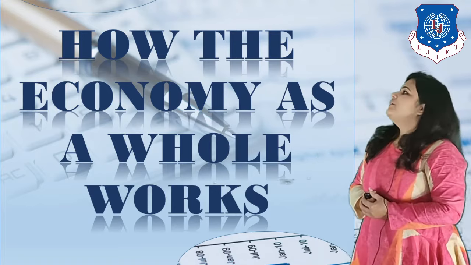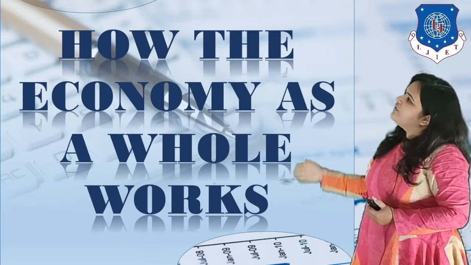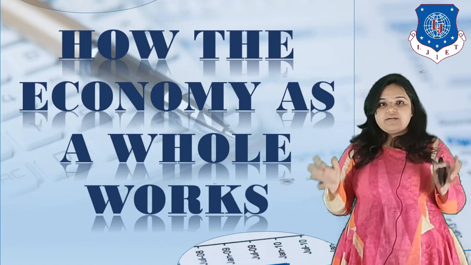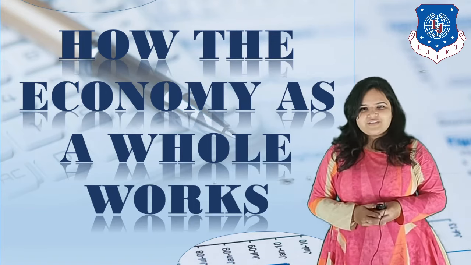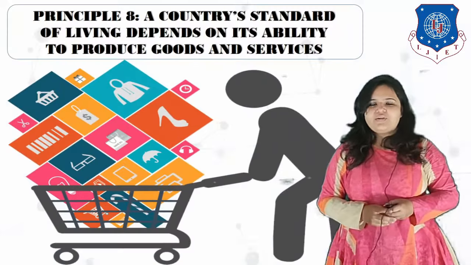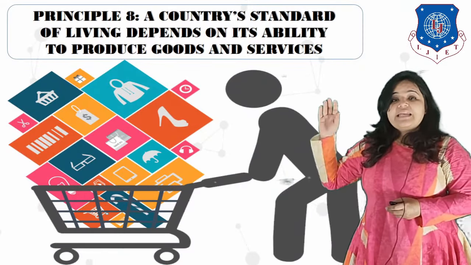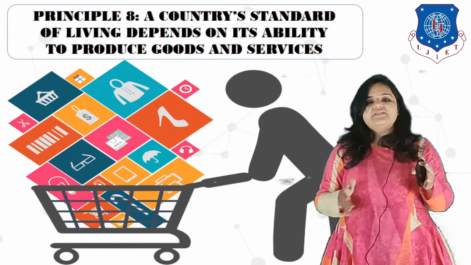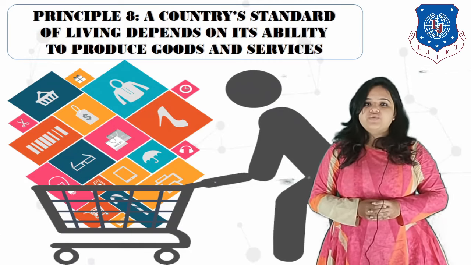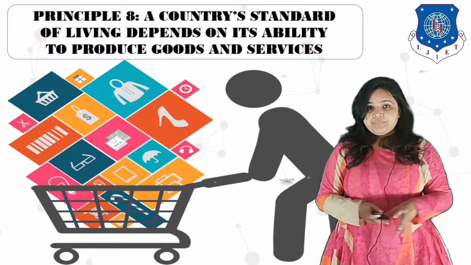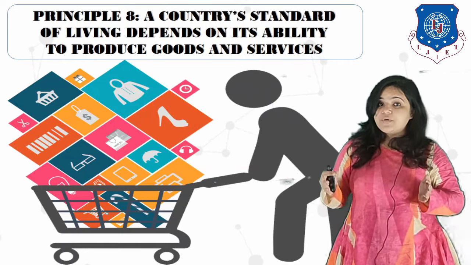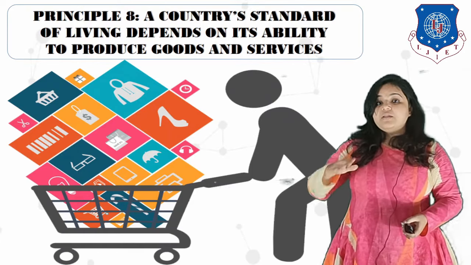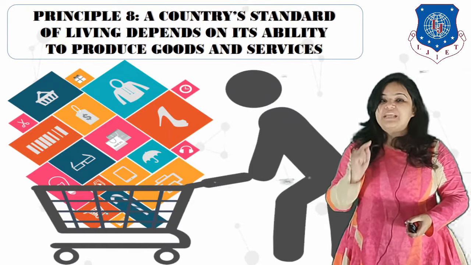Here now we will talk about how the country makes decisions, how the nation makes decisions, how the entire economy works. Here we will be talking about our country. The next principle says that a country's standard of living depends on its ability to produce goods and services. Obviously, the more goods and services you produce, the better would be your standard of living, and the more your currency would be appreciated.